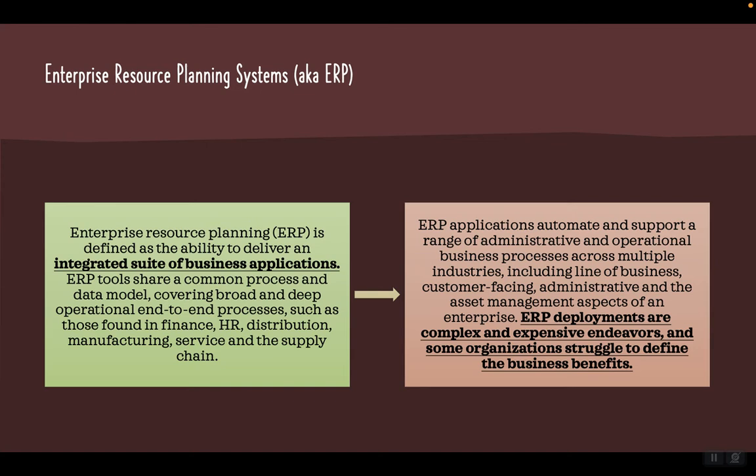All organizations have points where they contribute to process execution: order processing, distribution, manufacturing, human resources, accounting all play a role, and it operates as an integrated whole.